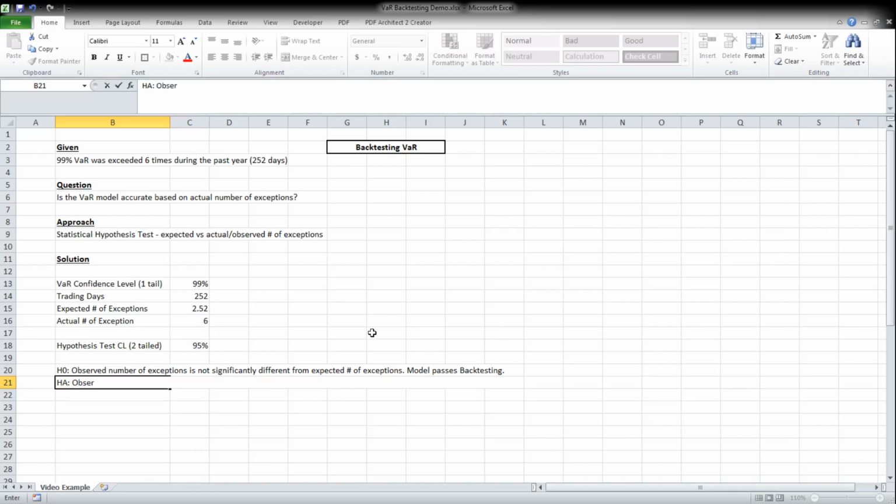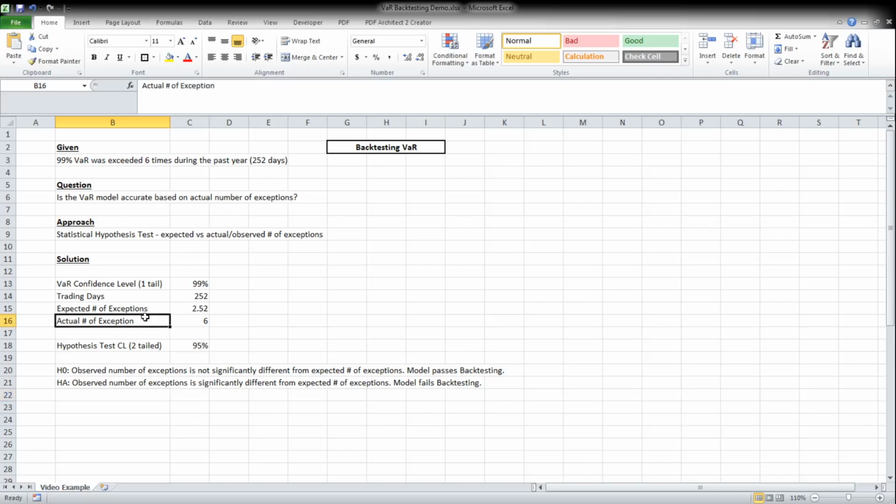So the observed number of exceptions is significantly different from the expected number of exceptions. The model would fail backtesting, and we would need to recalibrate it or change it or revisit the definition.